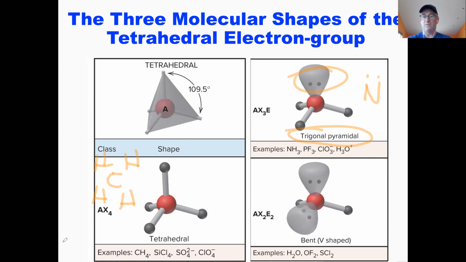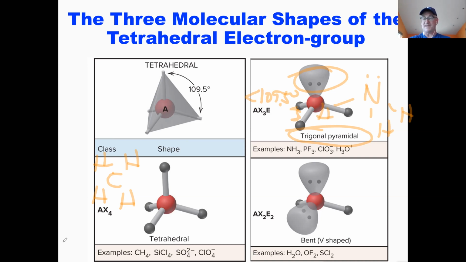It's got the lone pair on the top, and then three hydrogens surrounding it. This lone pair pushes those three hydrogens slightly closer together, so these bond angles are now a little bit less than 109.5 because that lone pair repels them slightly.